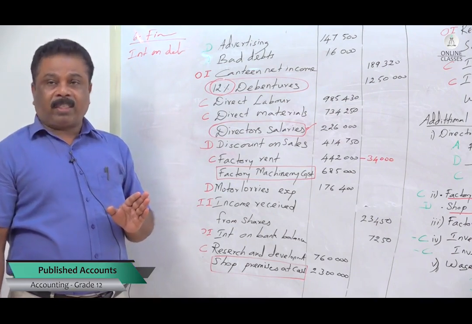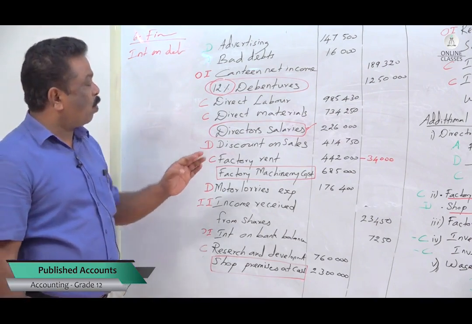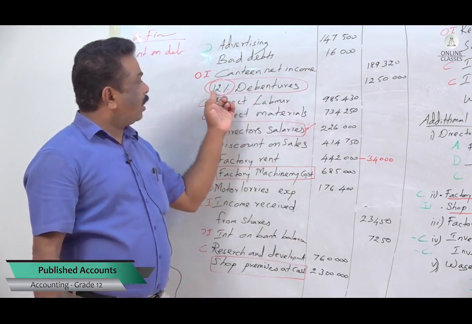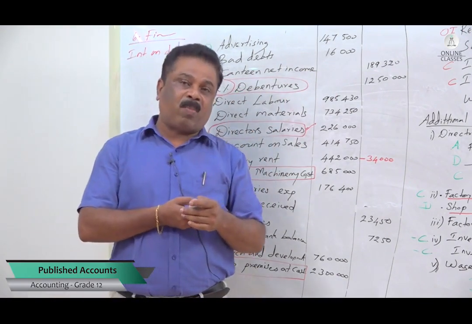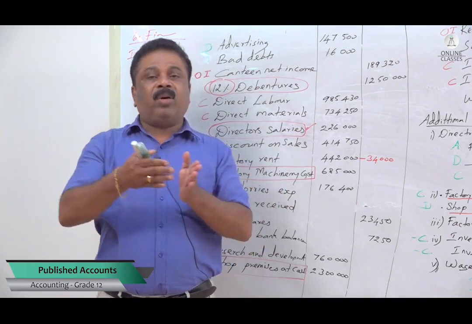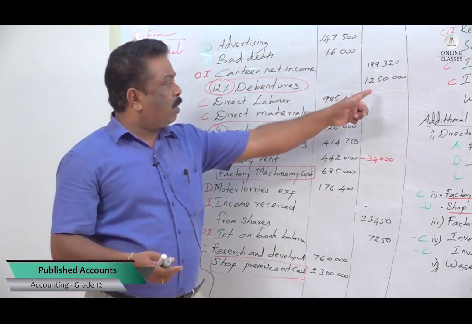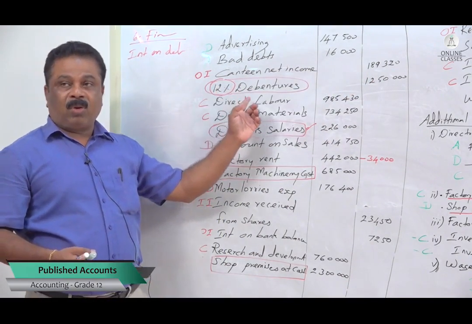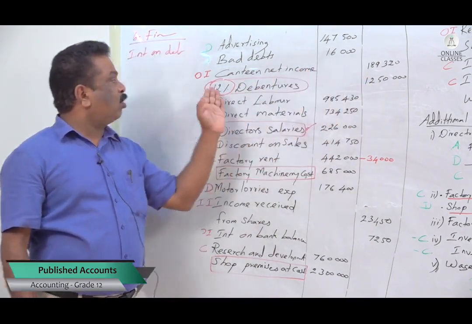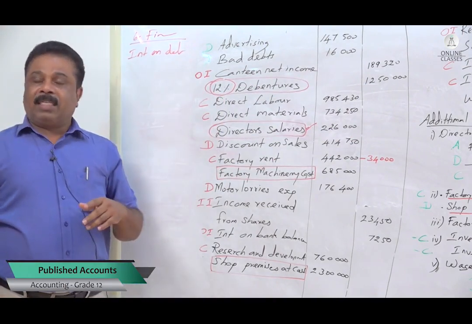Hope you all understand this. Just once again, interest on debentures. This is the percentage. You know how to calculate interest on loan. Normally we calculate loan into percentage. In a similar way, debentures amount into percentage. So 1,250,000 into 12%, you will get the interest on debentures.